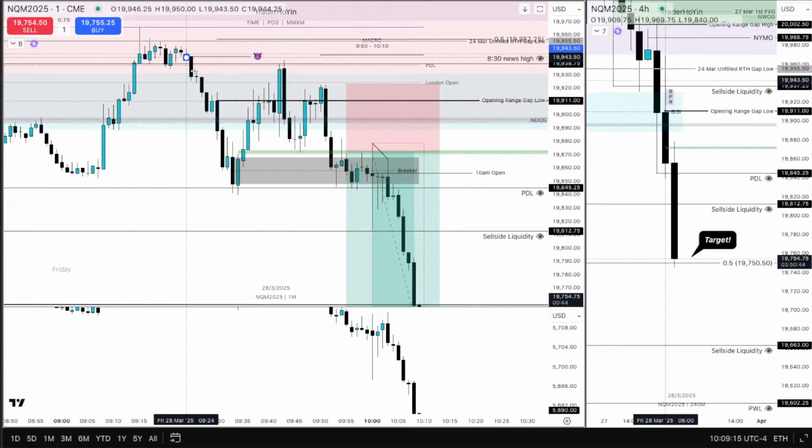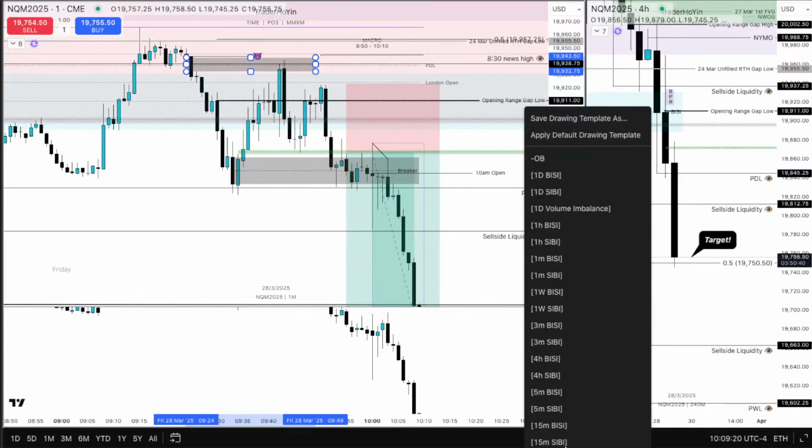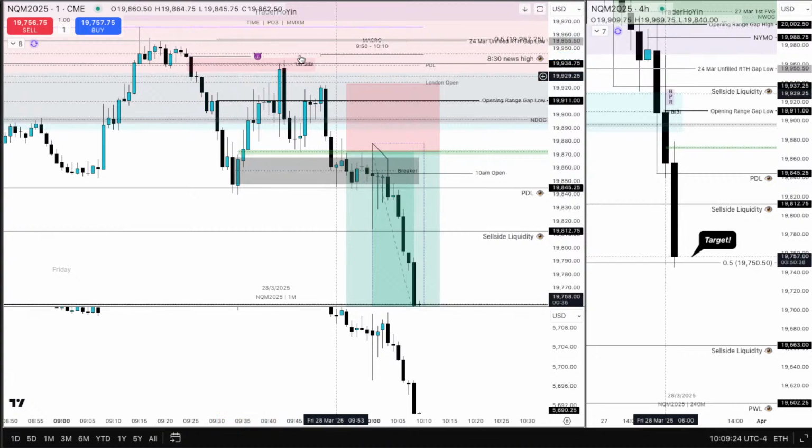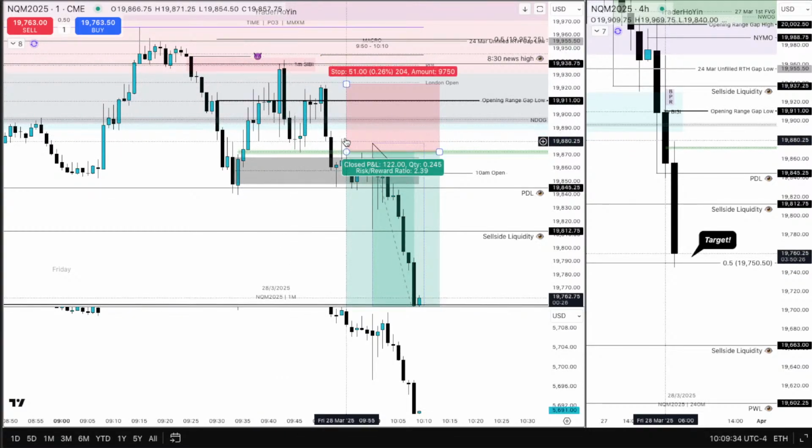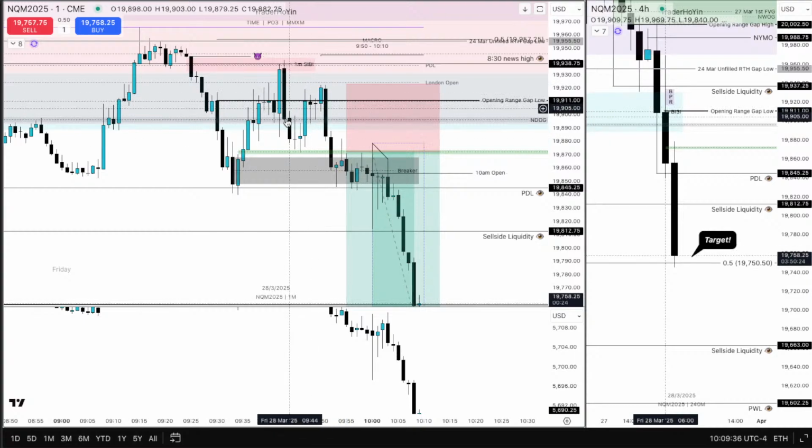There's a tiny 1 minute CB here. And it just replies to that, reprices, and then fails to close above and aggressively brings it back down, and then just trades lower.